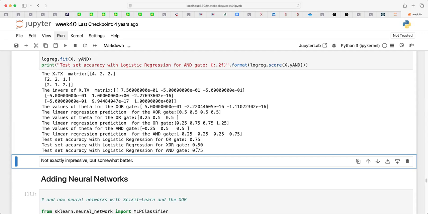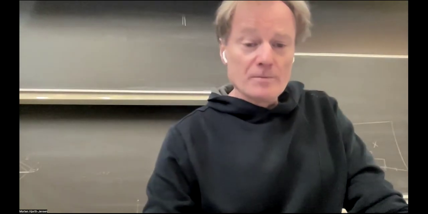No, because the AND gate, if you look at that one, let me just bring it up here because I didn't show that on the whiteboard simply because of time.